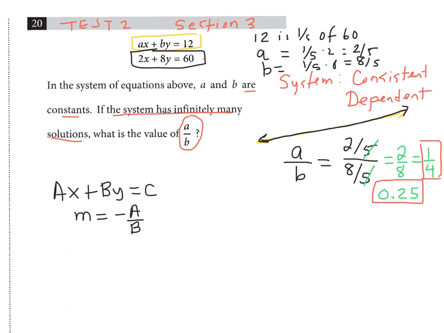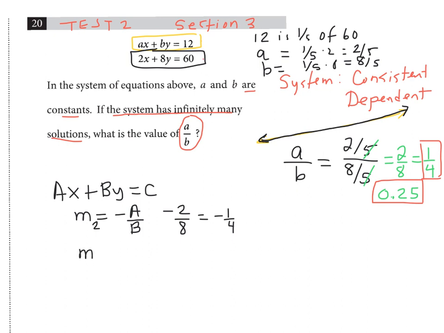And so if we go back to the original problem, the slope of the second equation, where you have 2x plus 8y, would be negative 2 over 8, which is negative 1/4. And we'll call this m2, which is the slope of the second equation.